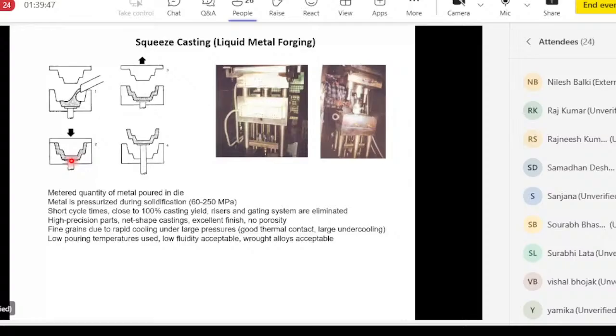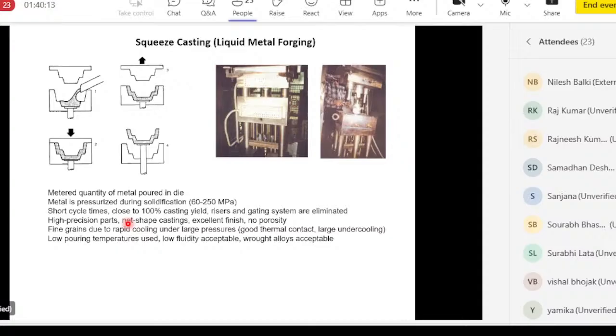The second reason is that because of high pressure, the metal has very large supercooling or undercooling, which means the solidification temperature decreases substantially. You have a lot more supercooling, which means a lot more nuclei will form and you can get finer grain structure. So because of good thermal contact with the die and high supercooling, you get very good quality castings from here.